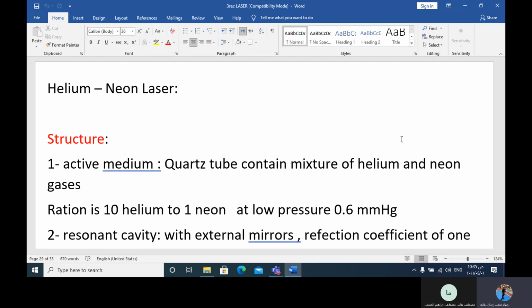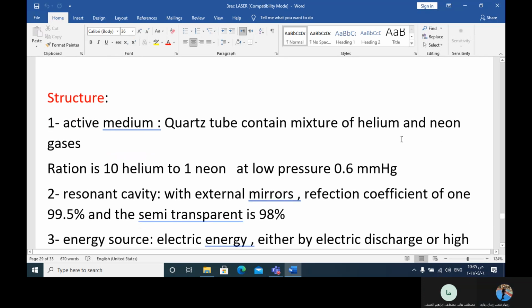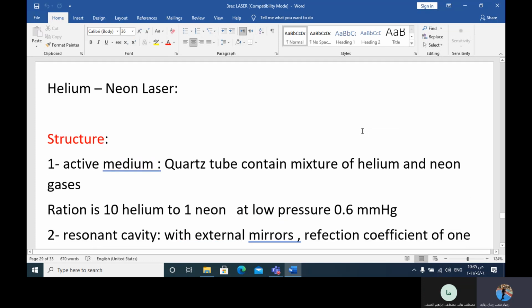So we choose the helium neon laser as the kind of laser to investigate further. The first part is the structure of the helium neon laser. As in any laser, we have the active medium, the source of energy, and the resonant cavity. Let's take each one of them and talk specifically about the helium neon laser.